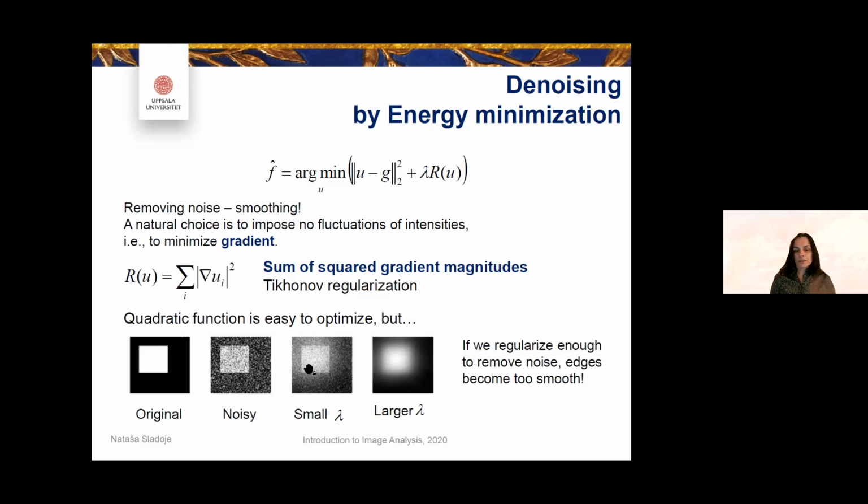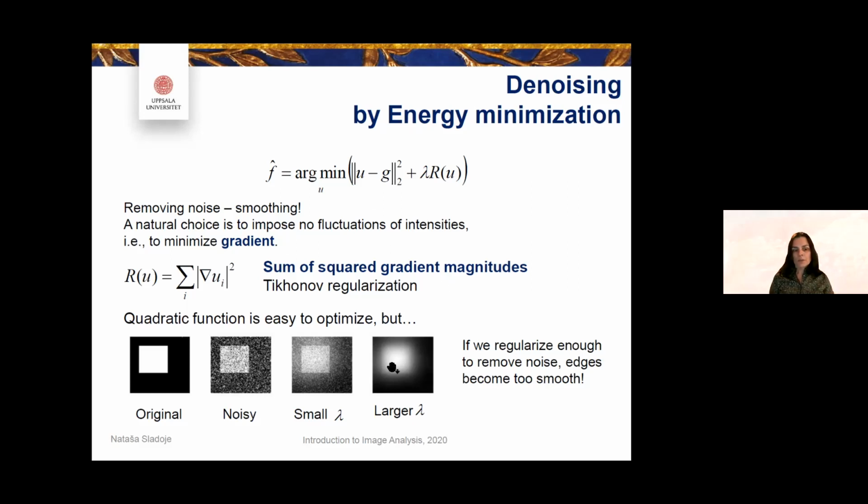Now, let's push a bit more on this regularization, and by that let the difference between the image that we are generating and the degraded, observed one grow a bit higher.